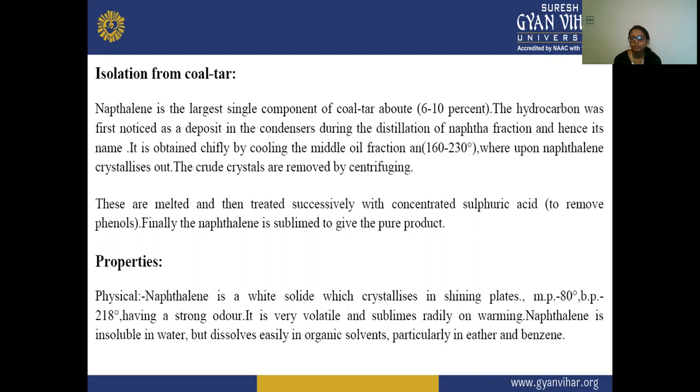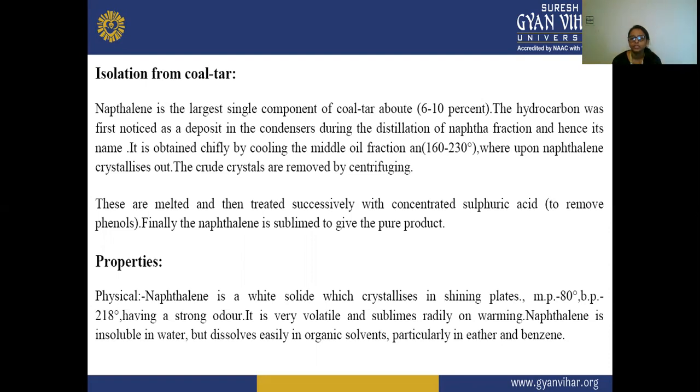At that time it was first noticed, and hence it was named according to naphtha. These are obtained from the naphtha fraction, that is why it is named naphthalene, and it is obtained chiefly by cooling the middle oil fraction. So these are obtained by cooling the middle oil fraction at 160 to 200 degrees centigrade.